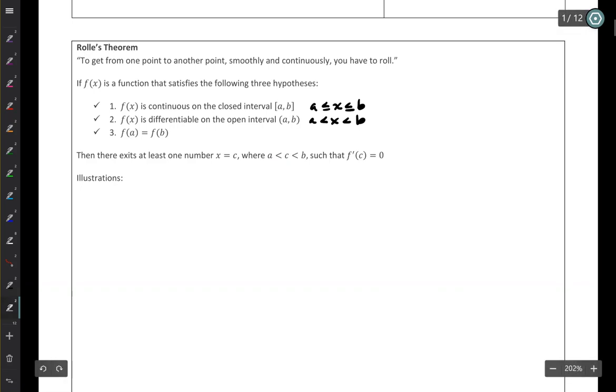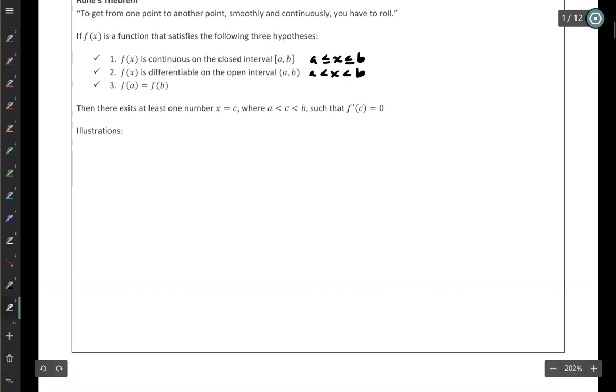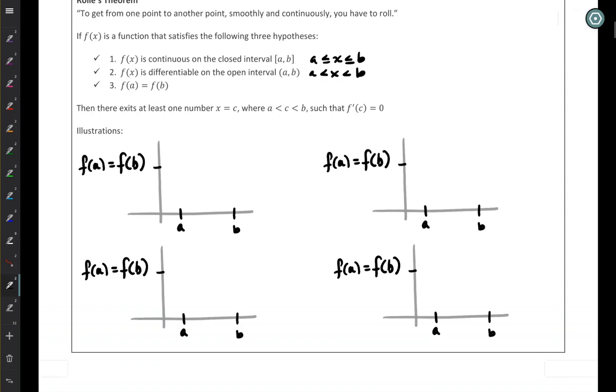And let's just illustrate 4 cases to see why this would be the case. All right, so say the function sends a to f of a and b to f of b, and those are the same y values.